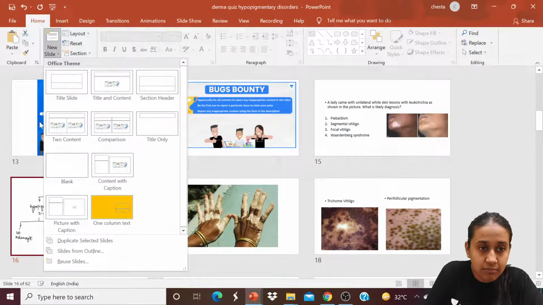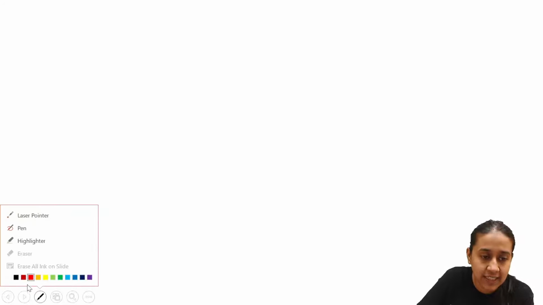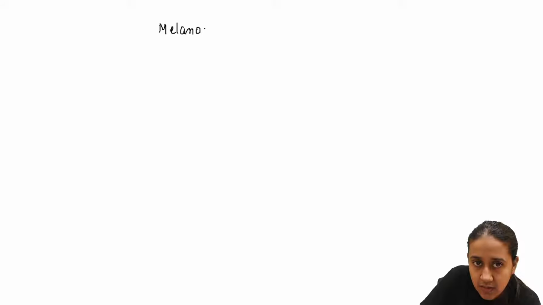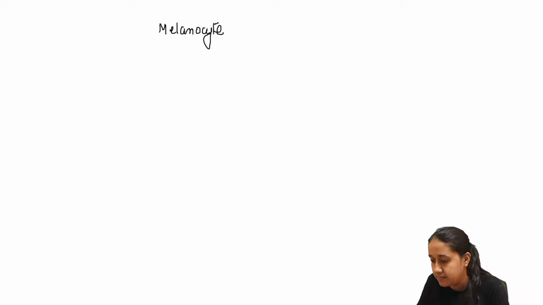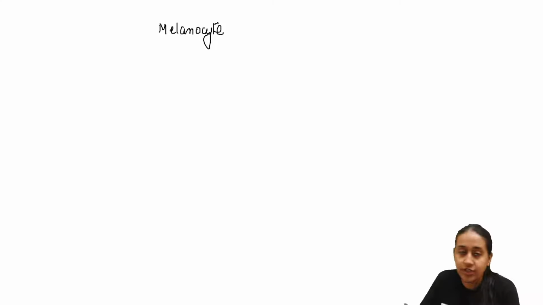So we need one more blank page. Can you tell me what is the cell of origin of melanocyte? Anyone? What is the cell of origin of melanocyte? Can you answer this for me? Paras? What is the cell of origin of melanocyte?